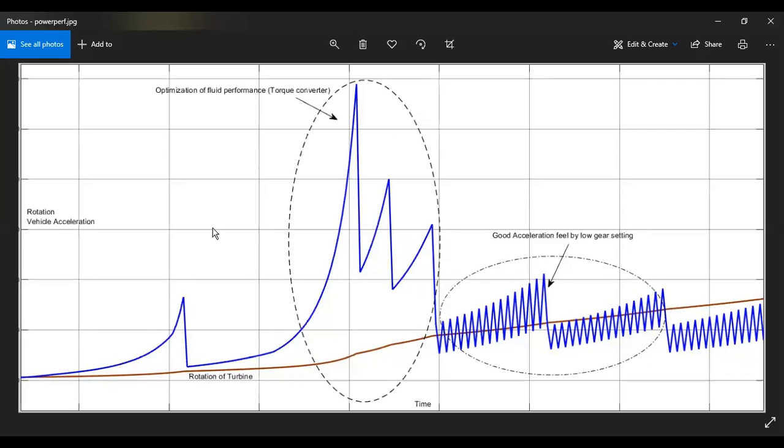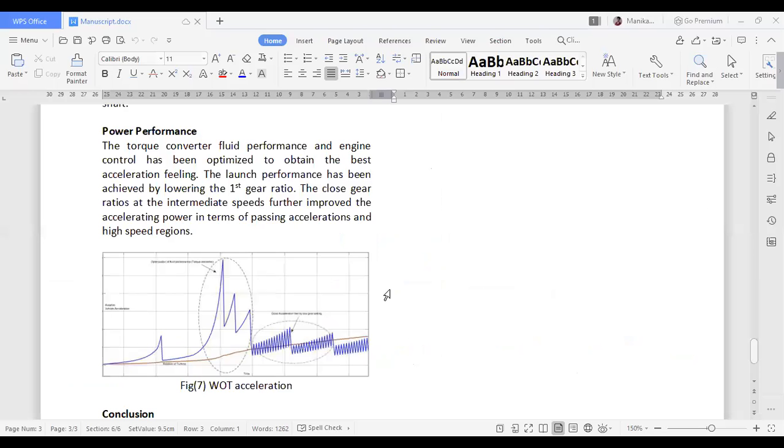The launch performance has been achieved by lowering the first gear ratio. The closed gear ratios at the intermediate speeds further improve the accelerating power in terms of passing accelerations and high speed regions. So this is all about the model we have developed.